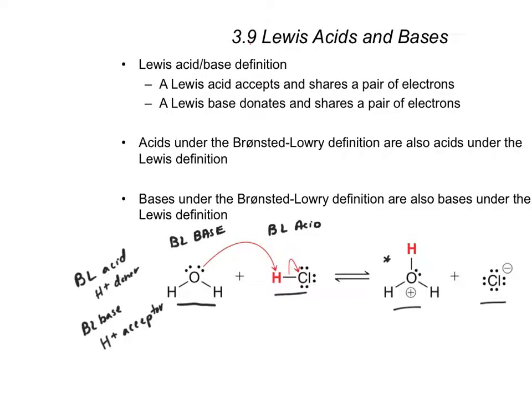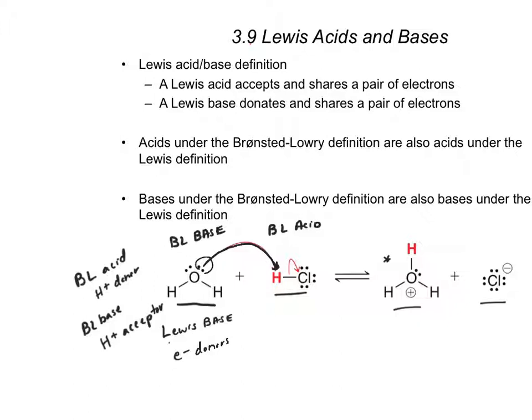Now, water is a Lewis base as well, right? But the definition for a base under Lewis theory is different. Instead of focusing on protons, Lewis theory focuses on electrons, right? So water's a Lewis base because Lewis bases are electron donors. Water's got this nice lone pair of electrons that it goes out and donates to the proton, and forms a new bond, essentially.